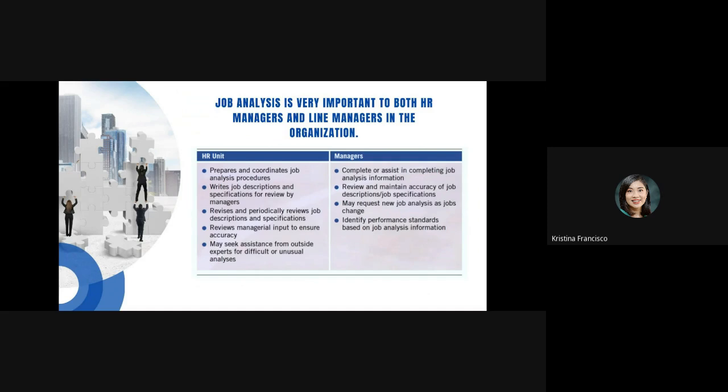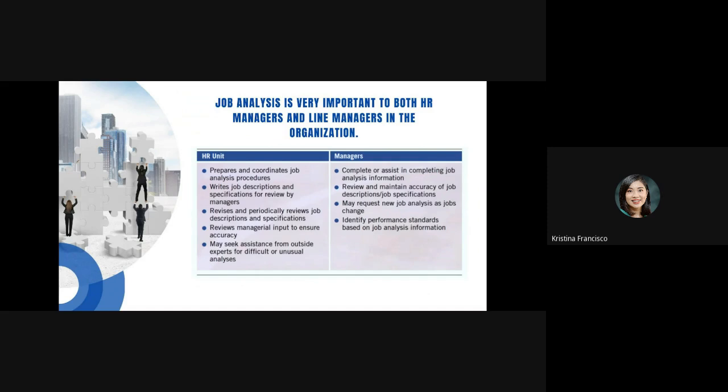So, I'm providing an illustration of why job analysis is important to the HR unit as well as the line manager. For line managers, it helps manage workflows, make informed hiring decisions, evaluate employee performance, and ensure safety. They need detailed job information to oversee tasks, give performance feedback, and identify potential hazards.